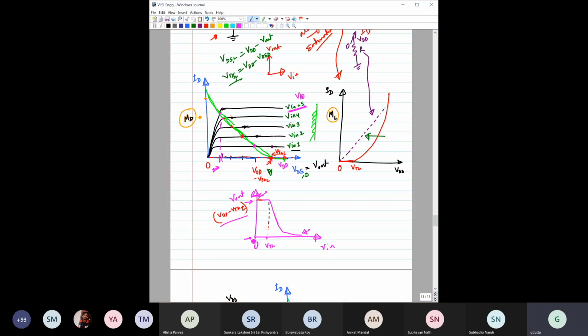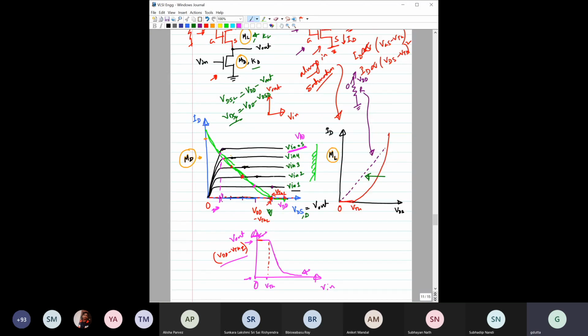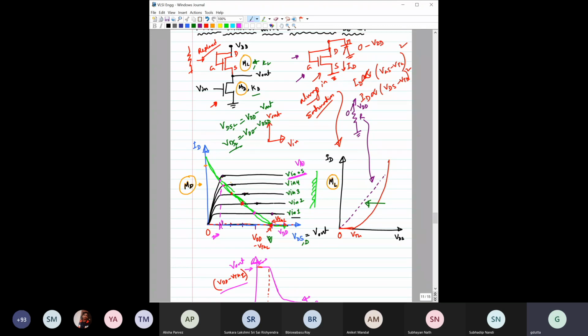So the minimum output voltage is higher than 0, and the maximum output voltage is lower than VDD. So obviously, from this brief discussion, you can understand that even though this solves the issue of large area, it is again not a very good design, right? Okay. I hope this part is clear to you.